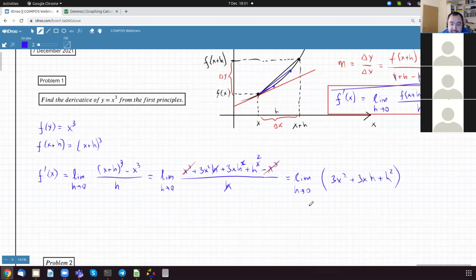But we know that h tends to 0. So this tends to 0 because as h tends to 0, this thing becomes smaller and smaller. And this also tends to 0. And nothing happens to this one. So the limit is equal to 3x squared.